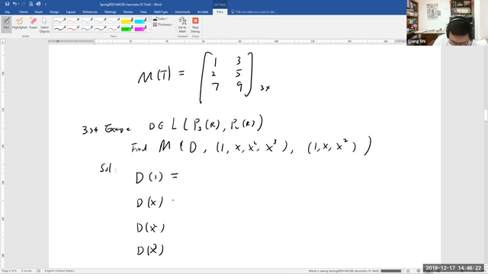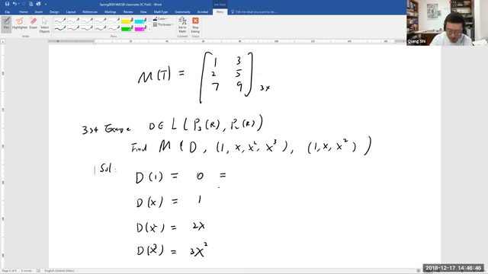That's what we need to figure out. Since we're taking the derivative, by very basic calculus 1 knowledge, we know the derivative of each. Once you know the derivative, the next thing is, can you represent each function as a linear combination using the basis in the other vector space?